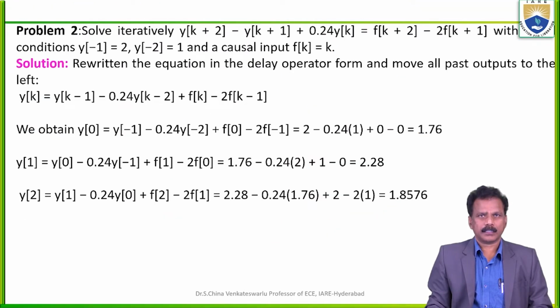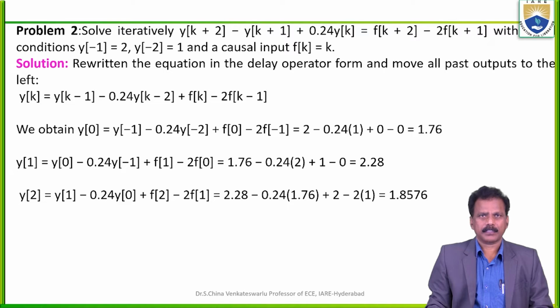Here, consider the next problem. Solve iteratively y of k plus 2 minus y of k plus 1 plus 0.24 y of k is equal to f of k plus 2 minus 2 f of k plus 1, with initial conditions y of minus 1 is equal to 2, y of minus 2 is equal to 1, and causal input f of k equal to k.